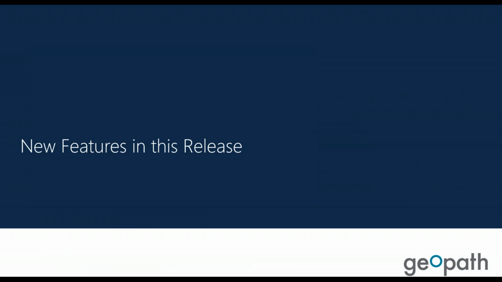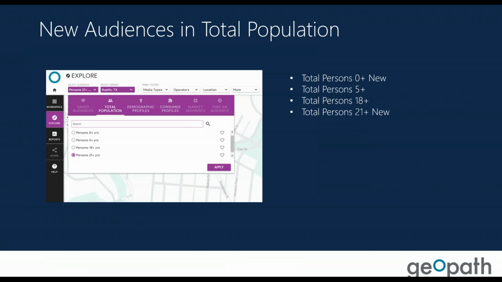But I want to also talk about the new features in this release. So this is one thing that I've mentioned a little bit already, but more specifically, we've added more demographics and population. So previously it was total people, persons 5+. Now you can have it by 18+, 21+, as well as 0+.